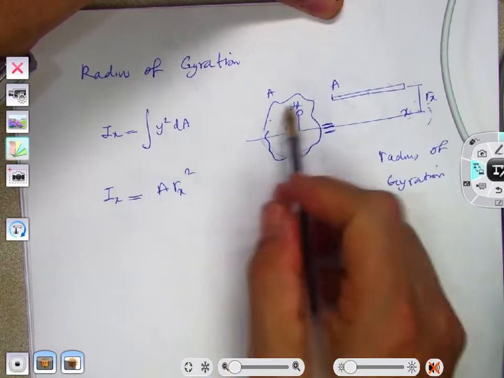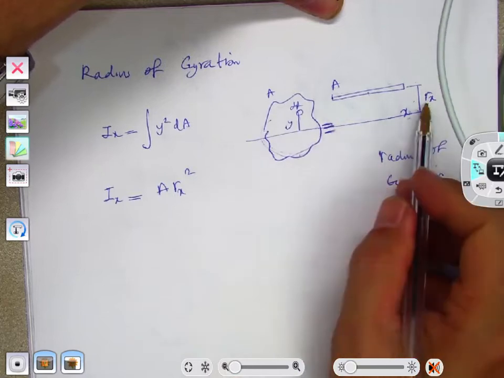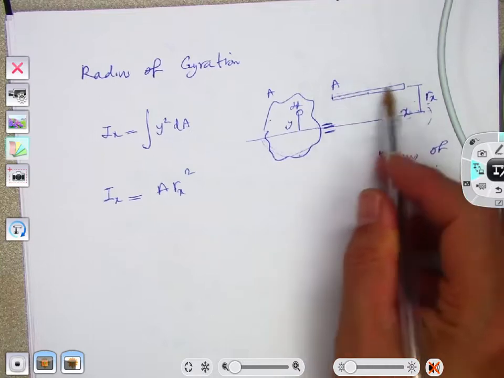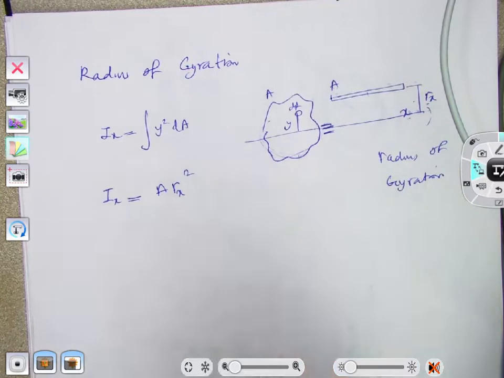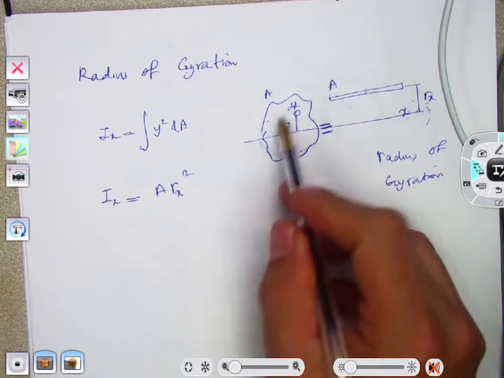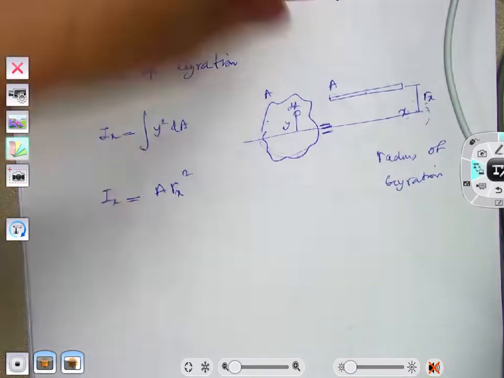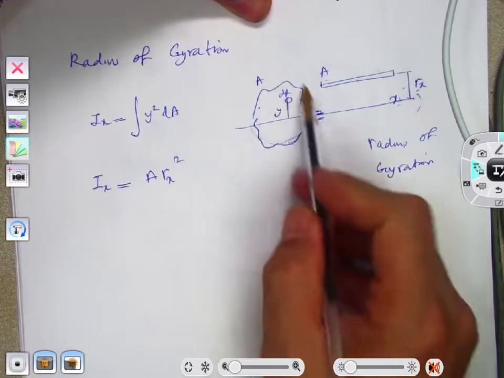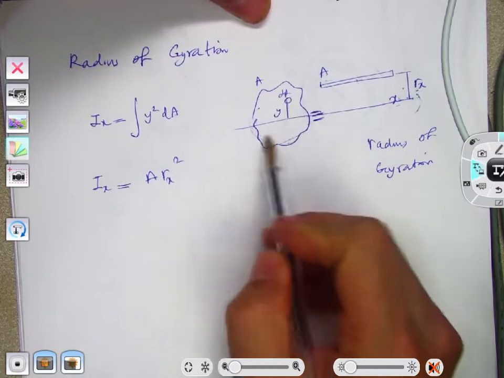So for any arbitrary area you look at, it's possible to find that distance Rx such that when you put that area in the form of a narrow rectangle, the moments of inertia of these two shapes are the same. The larger the moment of inertia, the larger Rx is going to be, obviously. Moment of inertia was a measure of how distributed this shape is about the x-axis.